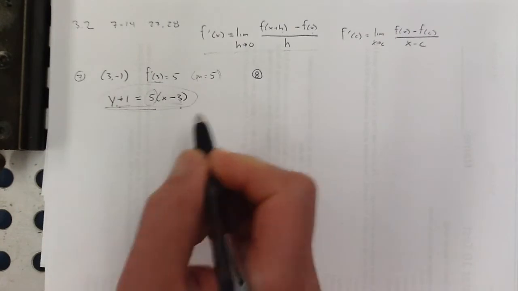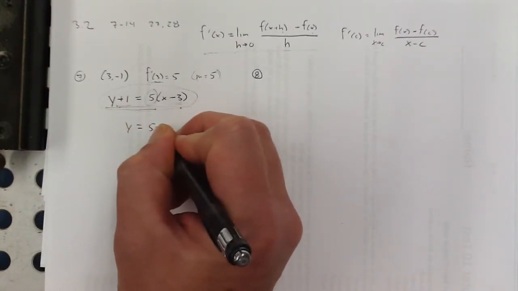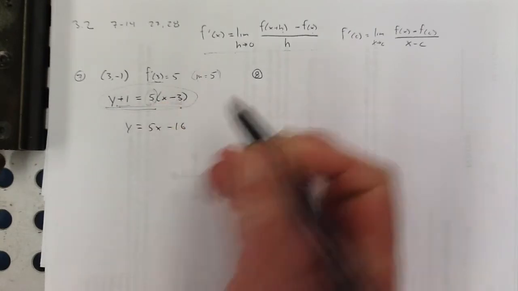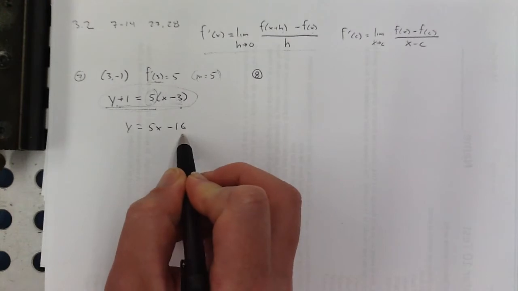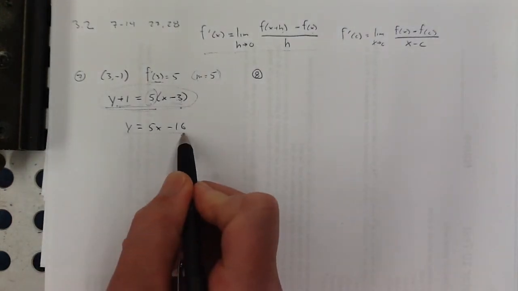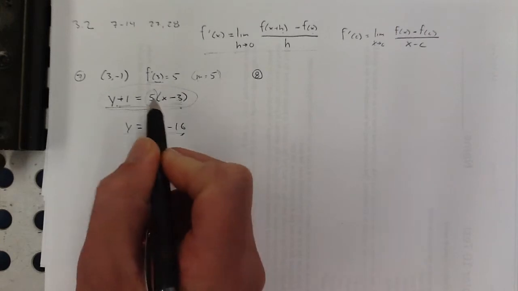Now, if you do some algebra here and you say, oh, okay, y equals 5x, and then I'm going to distribute the 5, -15, and then -1. I mean, you can do that. That's the equation for the same line in mx plus b form, but you have lost the information about the point where it's tangent. You have lost that. And we want that. So we prefer this.